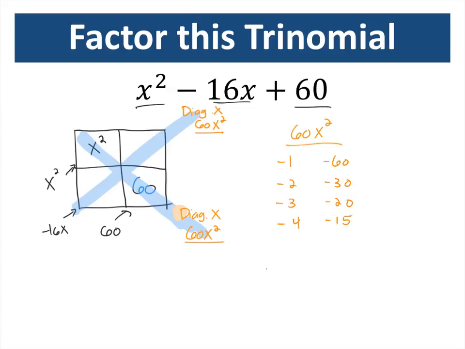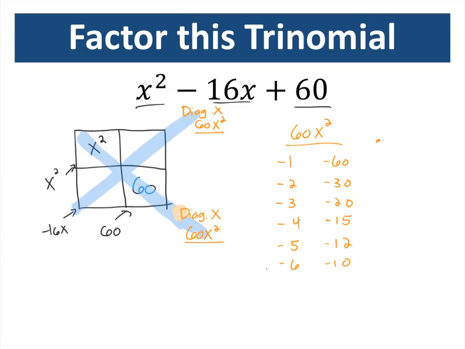And negative 5, and negative 12. And negative 6 and negative 10. So I'm just listing out all of the things that multiply to 60. 60 cannot be divided by 7 evenly. 60 cannot be divided by 8 evenly. 60 divided by 9 does not go in evenly. So this is my list.